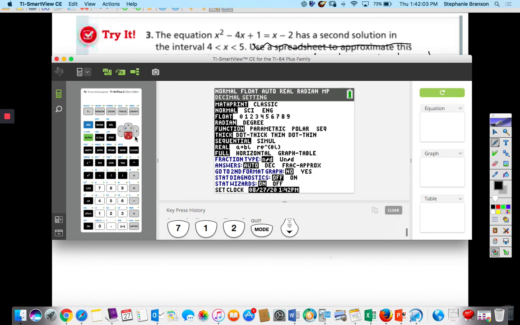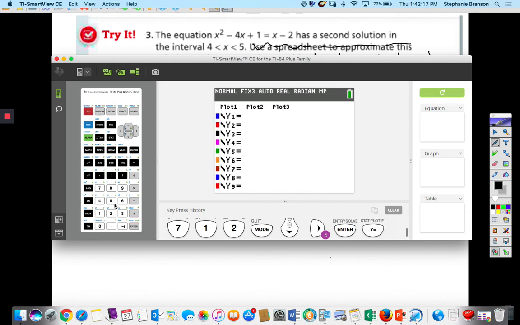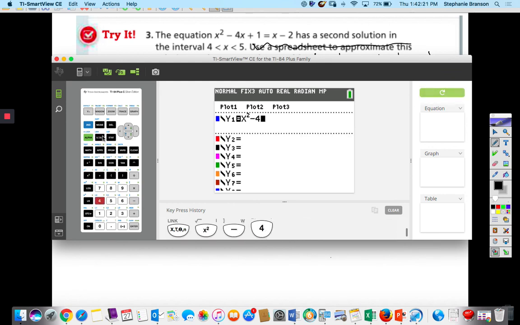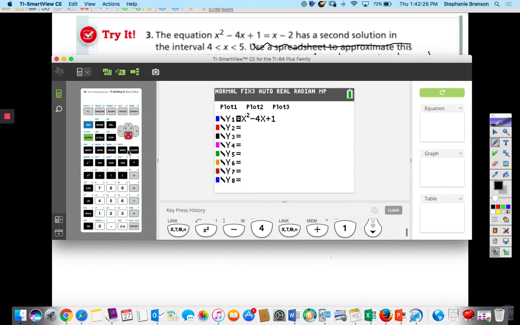Go down to where it says float, over to the number 3, and hit enter. Now we go to y equals, and we put the left side in y1, so x squared minus 4x plus 1, and the right side in y2, which is x minus 2.